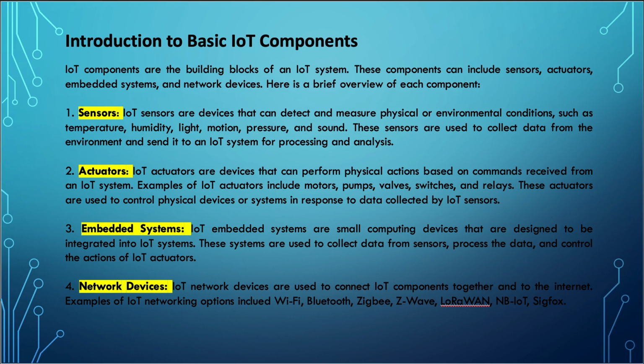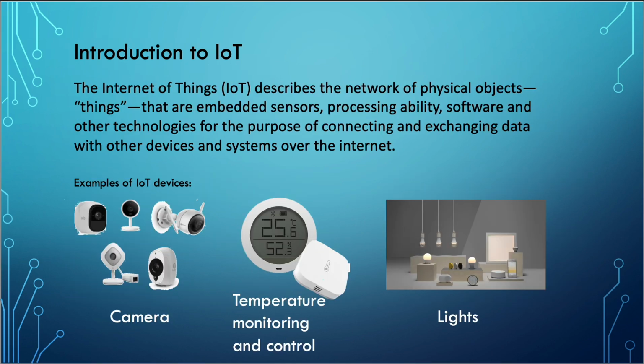Right? Then let's go to the fourth component, and again one of the most important components of IoT. The importance comes from the definition itself. It talks about physical objects, sensors, actuators, and a network of physical objects.